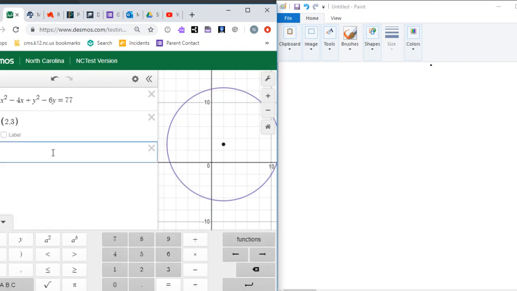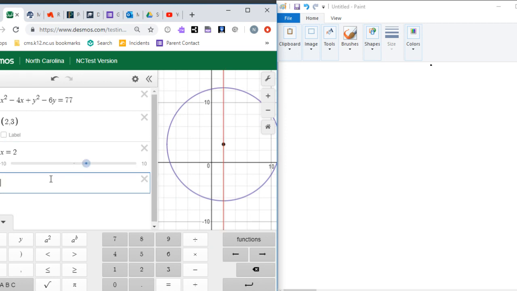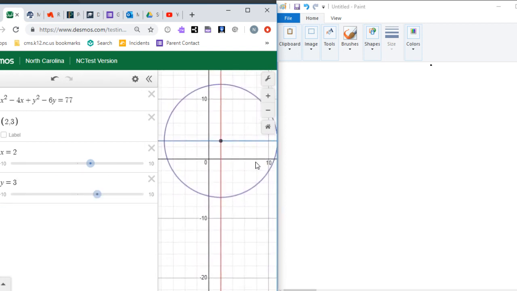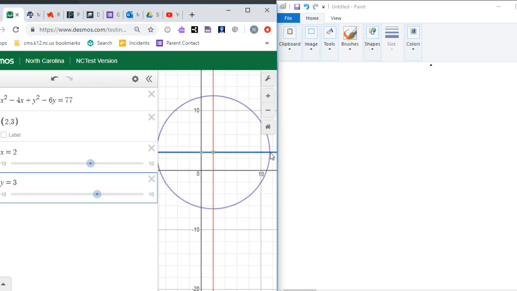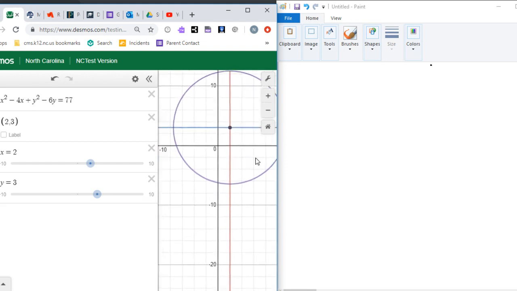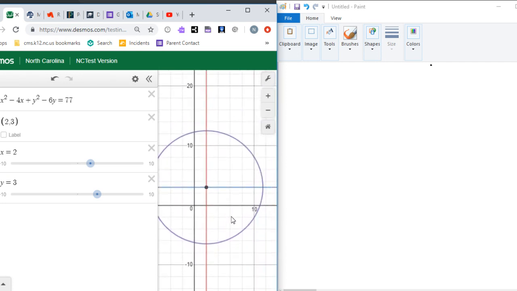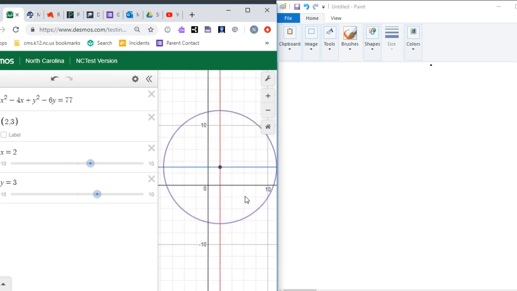One way to test if the center, x equals 2, y equals 3, there appears to be an approximation of the center.